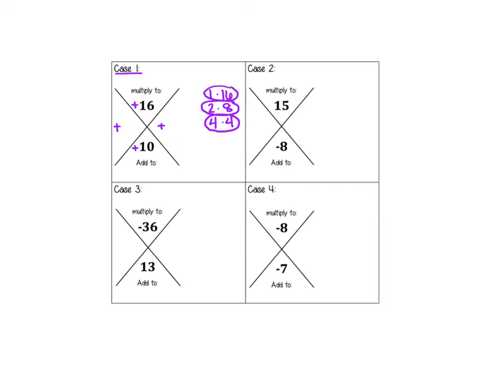Which of those 3 options could add to 10? The only option that could add to 10 was this middle one, 2 and 8. So 2 and 8 are my 2 numbers. When you enter that into formative, I would type in 2, 8, or 8, 2 would work also.